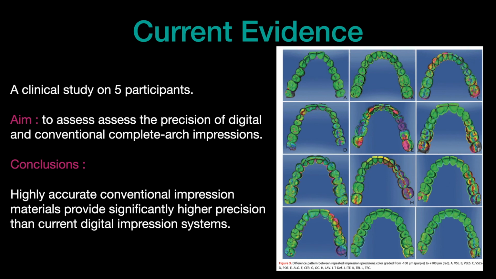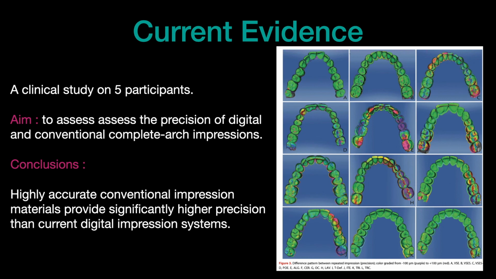On the right hand side, the figure shows the typical deviation pattern between repeated complete arch scans. The colors represent the deviation, so it's a color grade. Minus 100 micrometer is purple, plus 100 is red. Any deviation over 100 micrometer can lead to ill-fitting definitive restorations.